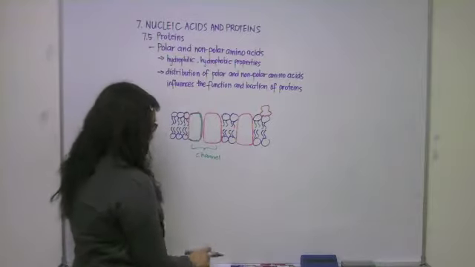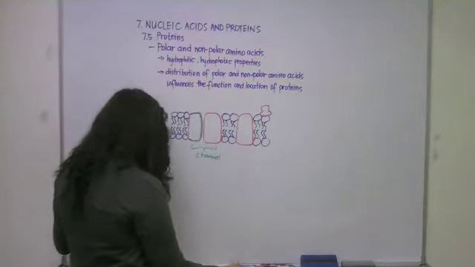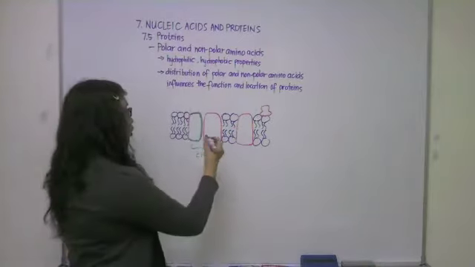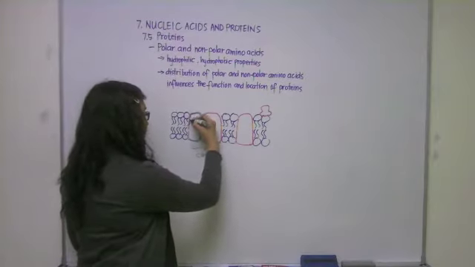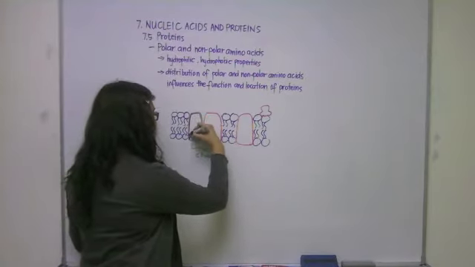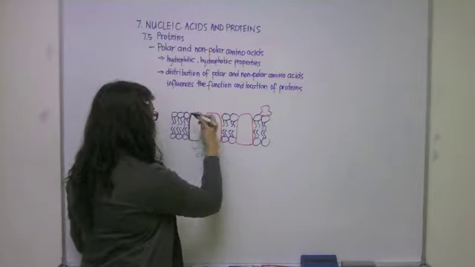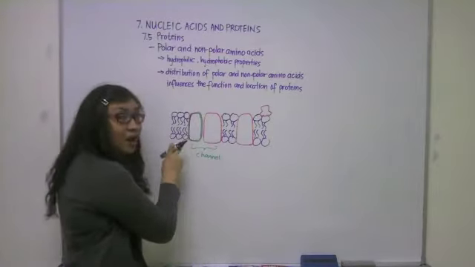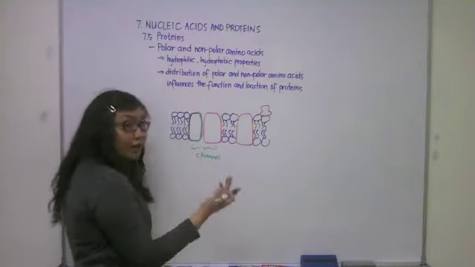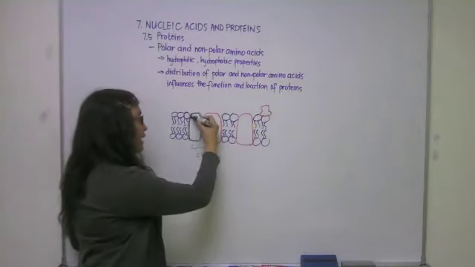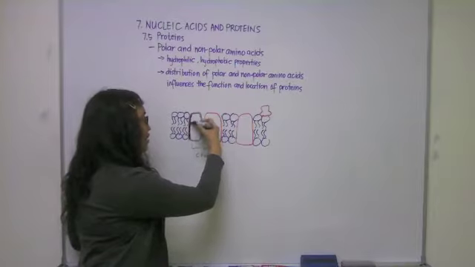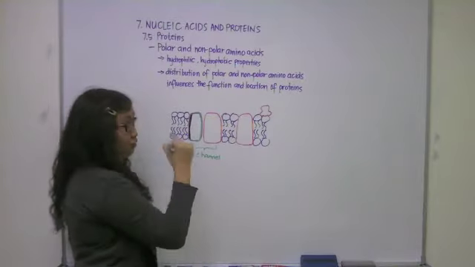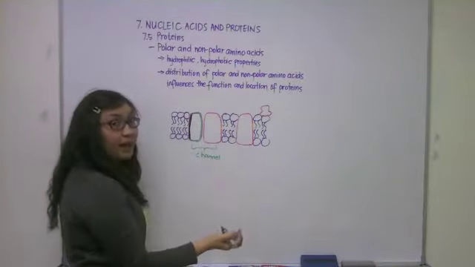Whereas in this area that I'm going to highlight in black, they don't get to interact with water and they are interacting with the fatty acid chains of the phospholipid bilayer, which are nonpolar. Therefore, the amino acids arranged in this area should be nonpolar amino acids as well.